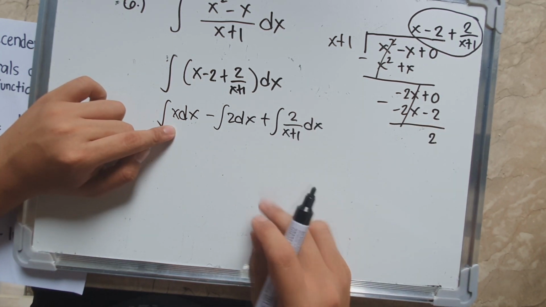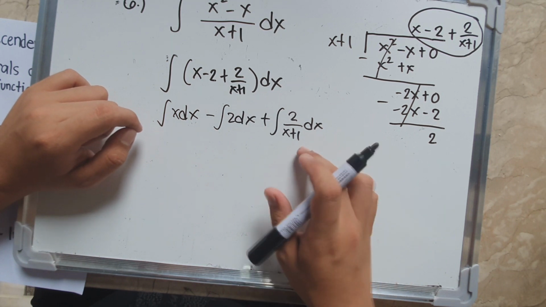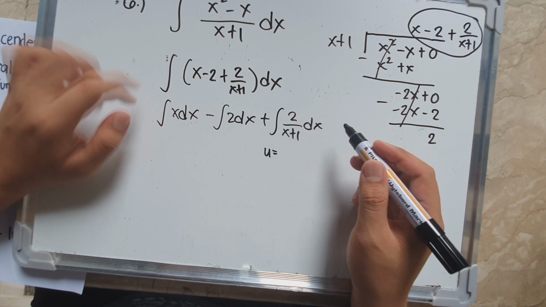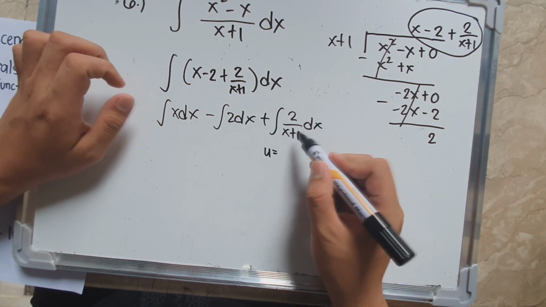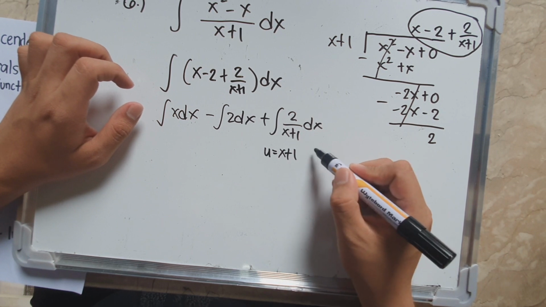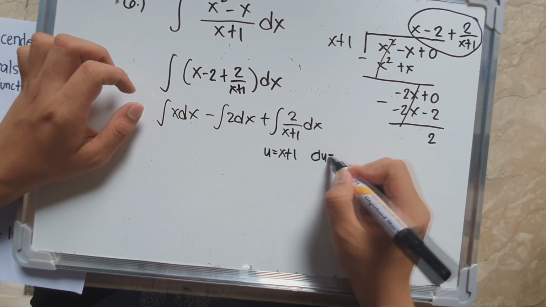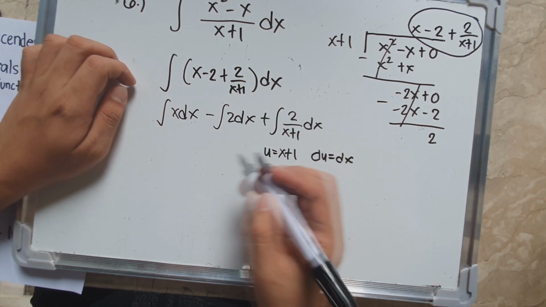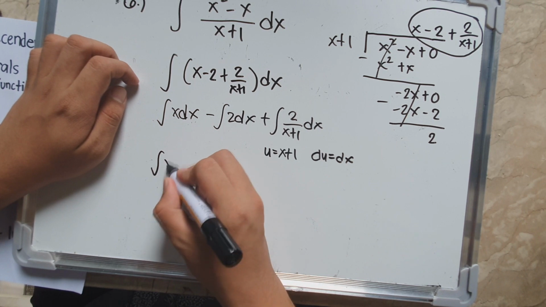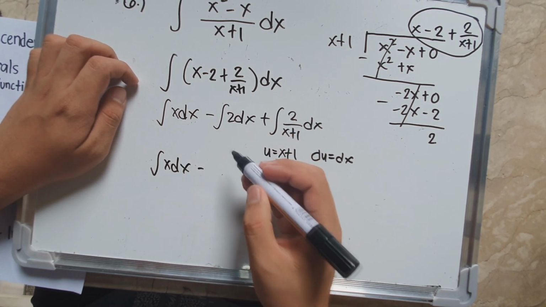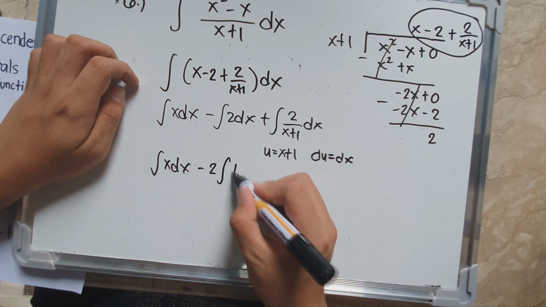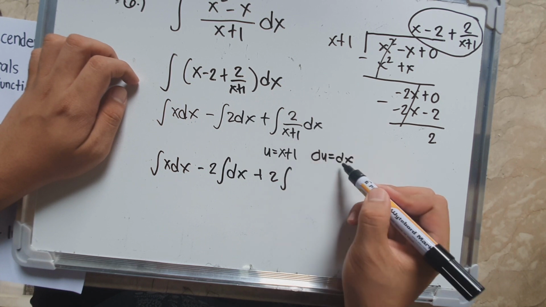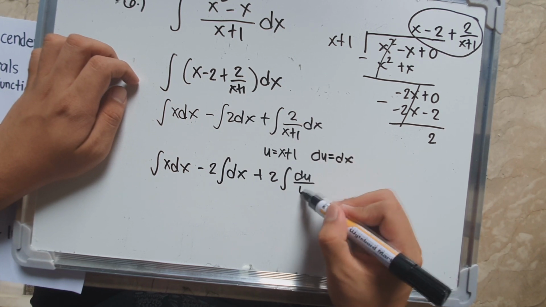Again with the power rule and simple general rule. This time, we will be confident in assigning the denominator as the u, x plus 1. The derivative of the u is dx. 2 is just a constant, we could write that one outside the integral symbol. So we now have integral of x dx minus 2 integral of dx plus 2 integral of, that is obviously now equivalent to du over u.